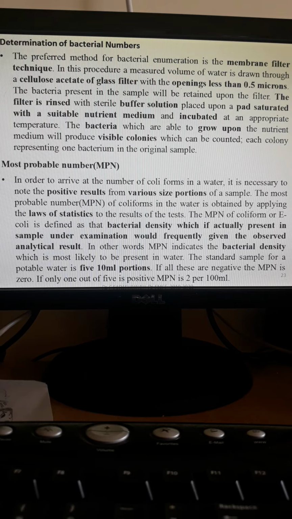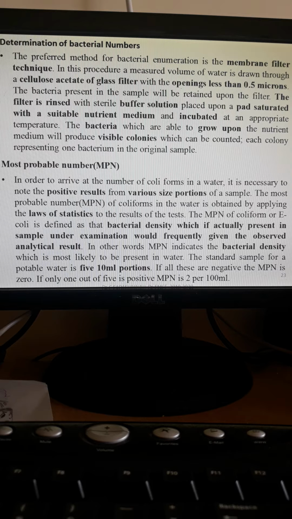If in any of these 5 test tubes there is gas formation, then we call the test positive. For example, in the first set of test tubes where 10 ml sample was poured, say 2 tubes indicated gas formation, then 2 out of 5 are positive, and obviously the remaining 3 are negative.